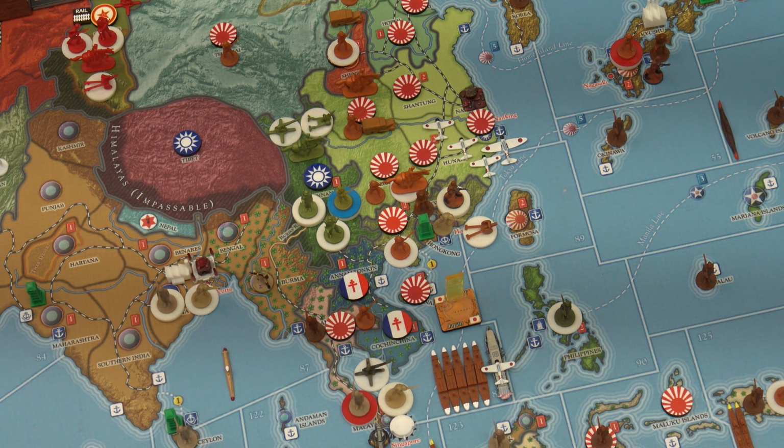All right, let's talk about ways to counter Lend-lease. The first is interdiction, which is 11.4 on page 48. Remember that interdiction can only be used against the sending nation. So let's say that Japan is not at war with the FEC, but it is at war with the KMT, and the FEC is sending a unit to the KMT.